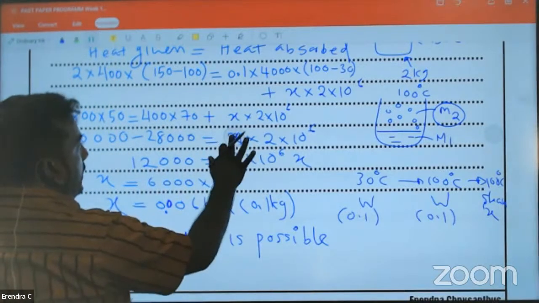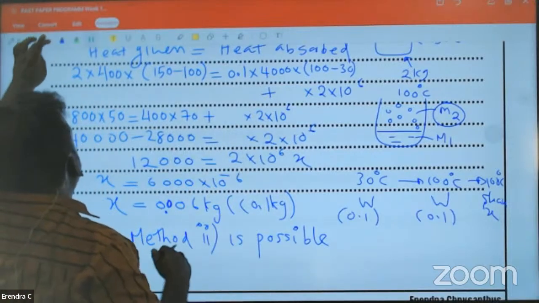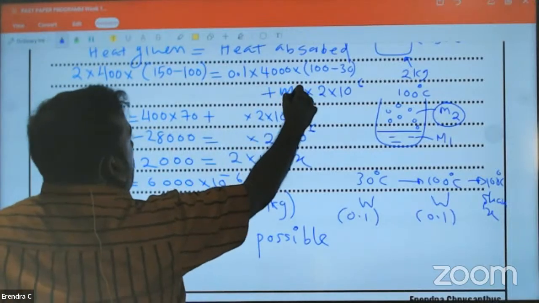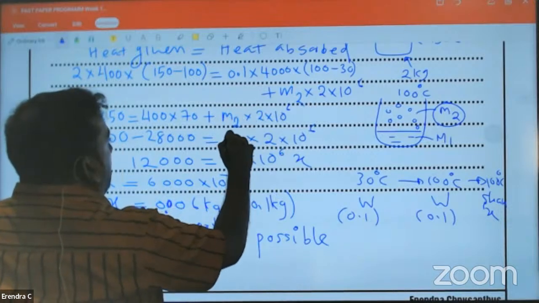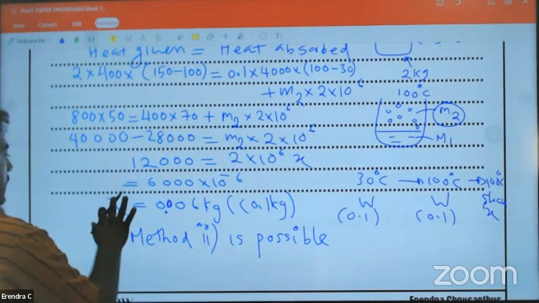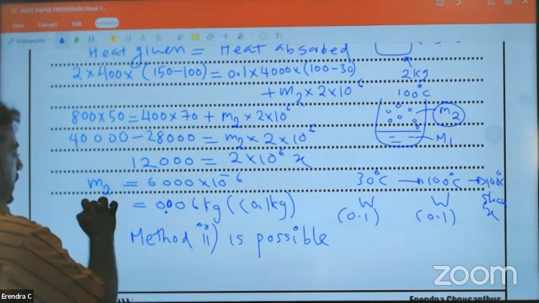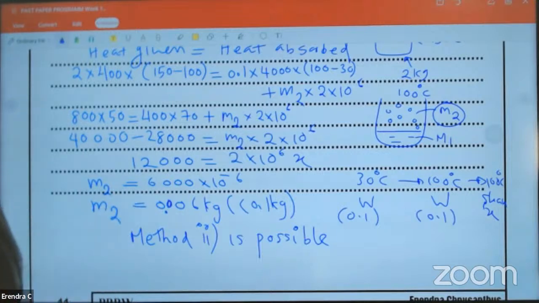Here we put X, no? I'll remove the X and put the M2 value. Here M2, here M2, here M2, finally also here M2. There you go.